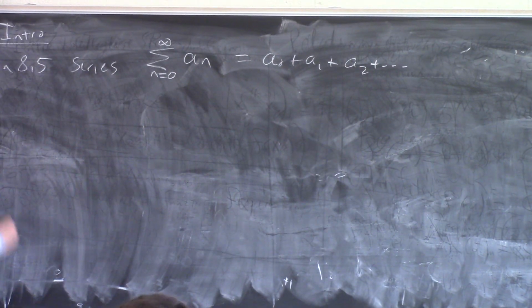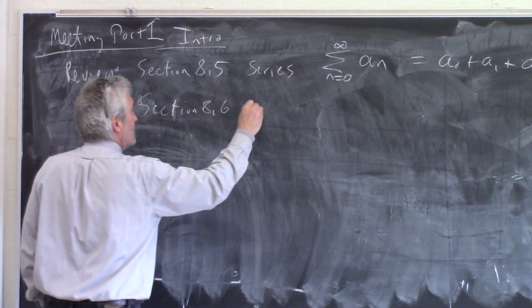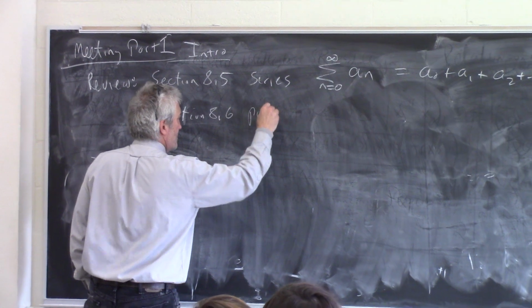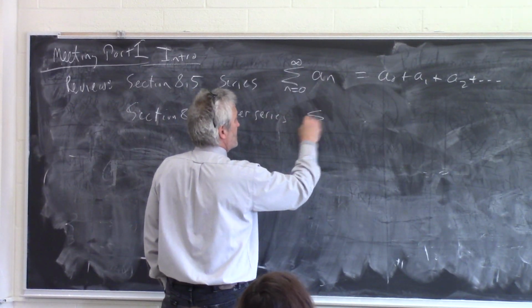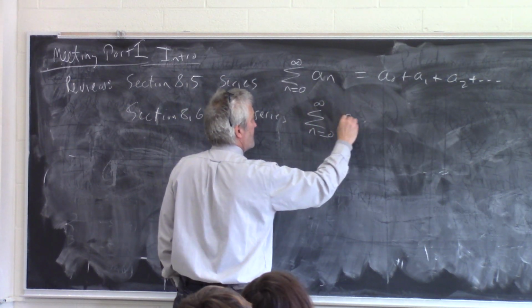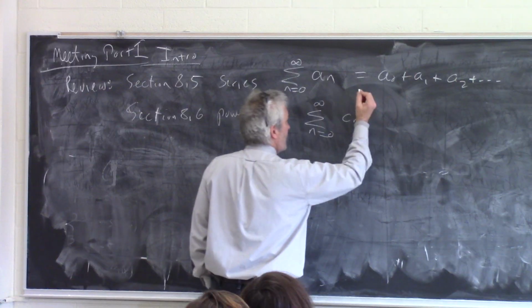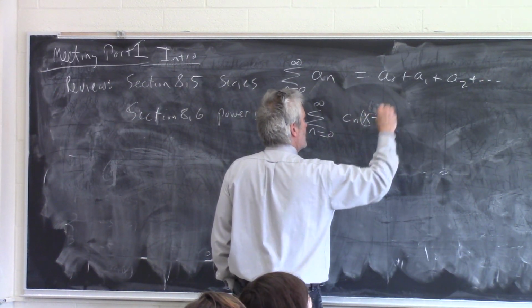In section 8.6, we had power series. So series of this form, sum from 0 to infinity of Cn x minus a to the n.